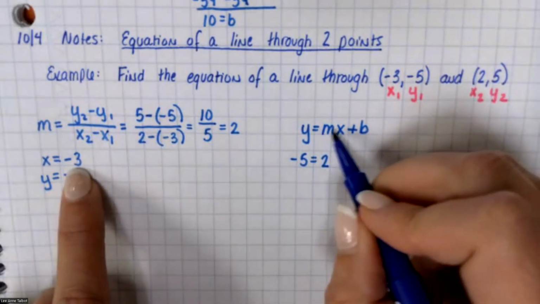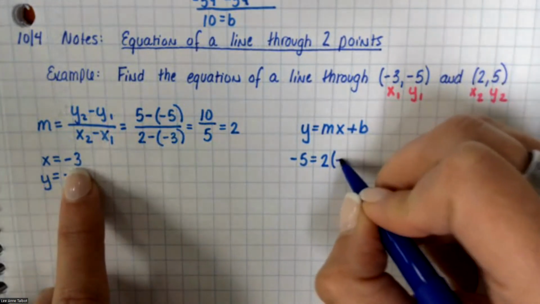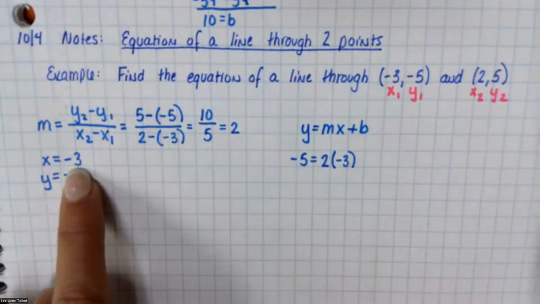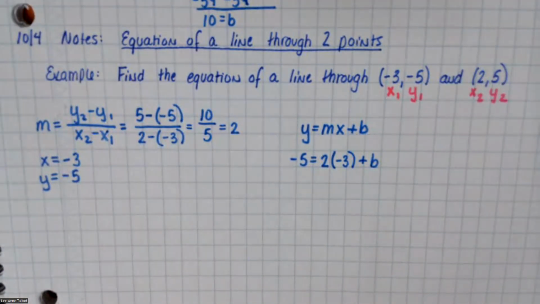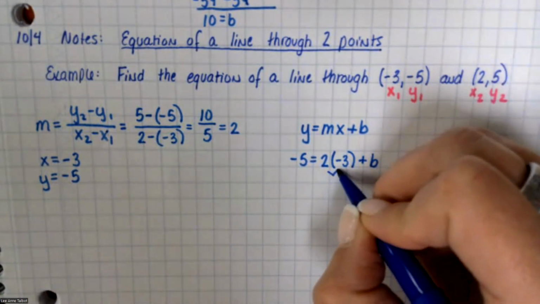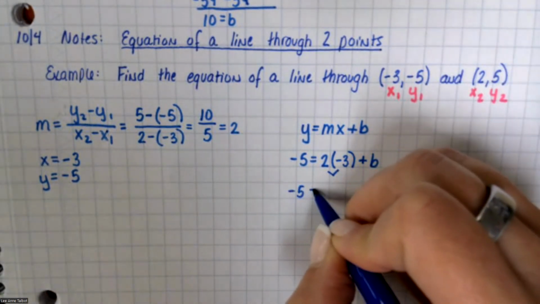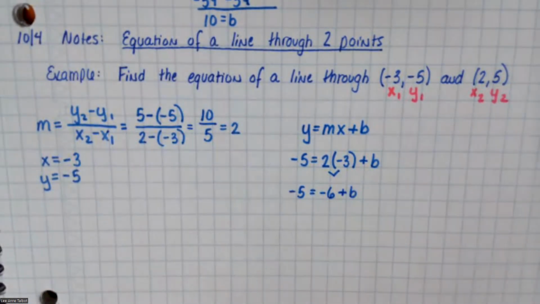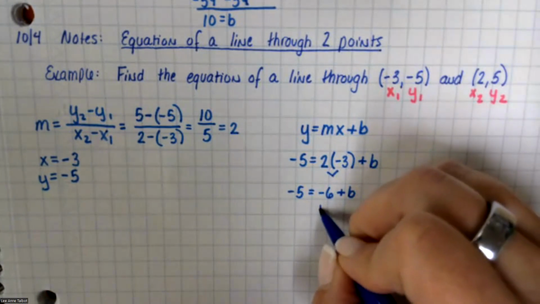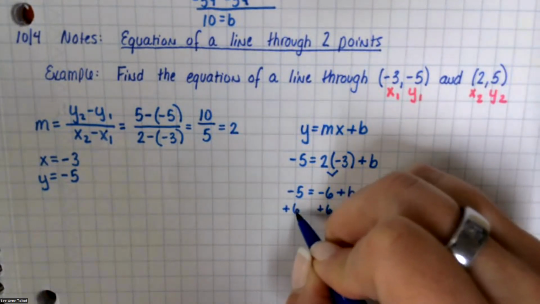And what operation is happening here? Times. Yep, beautiful. Plus b. Oh, wait, I don't have a b to plug in. That's on purpose. We're solving for b. Plus 6.